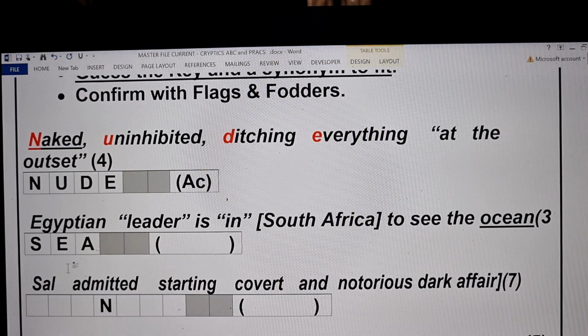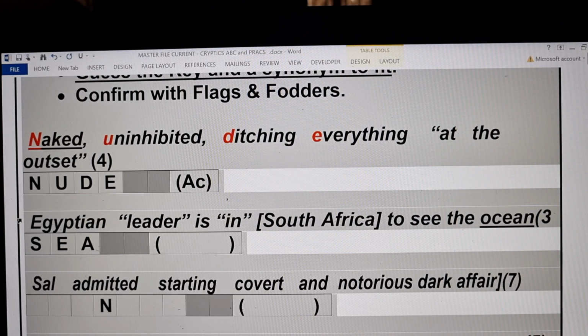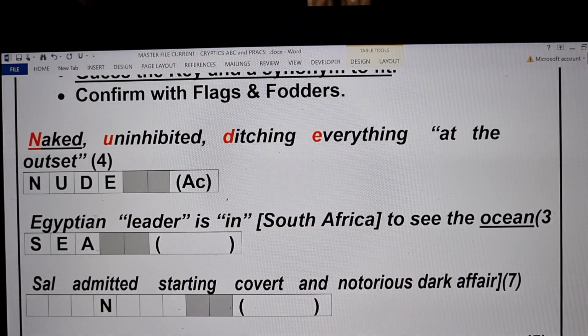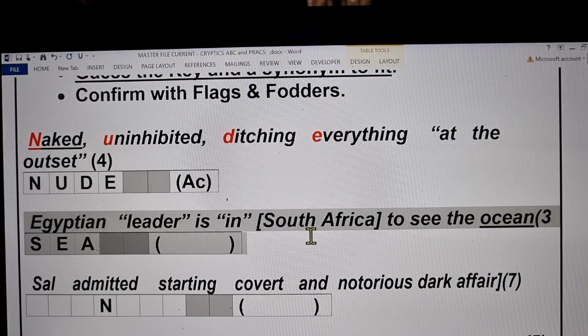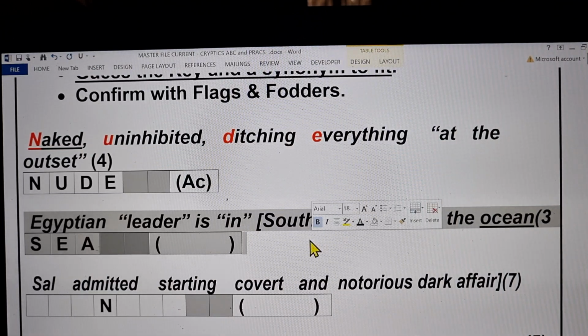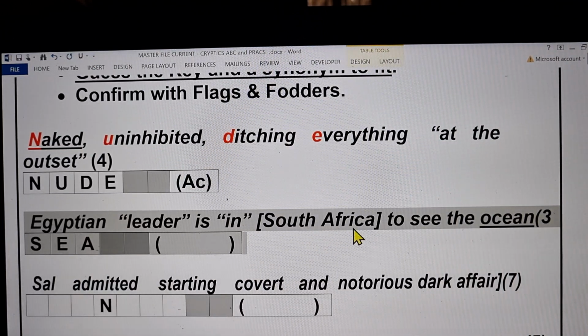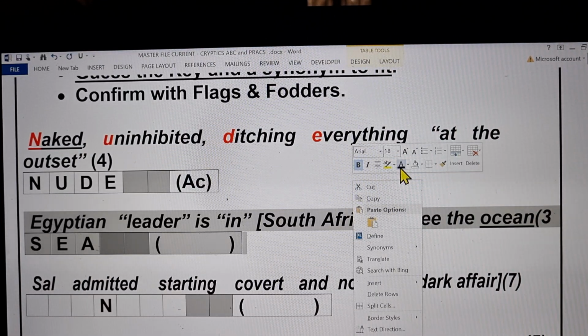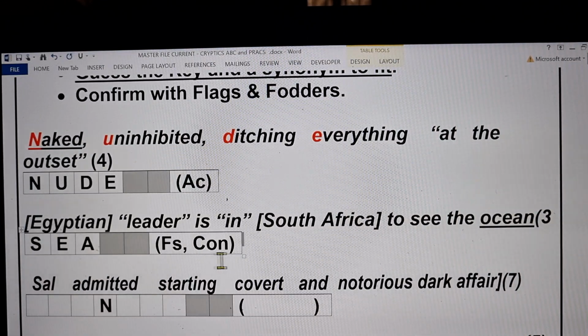Is that the answer? Well, Egyptian leader, let's do the fodder. Egyptian, to me, is going to be a fodder. May as well do it all at once. There it is. It's a first trick and a container trick.